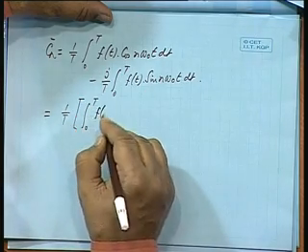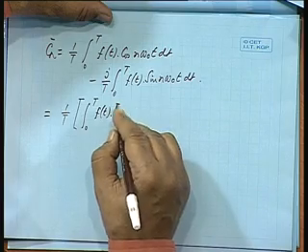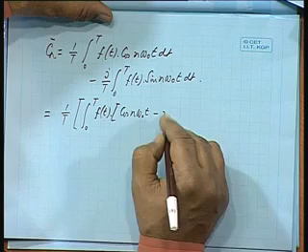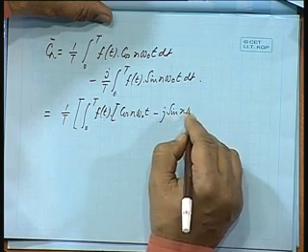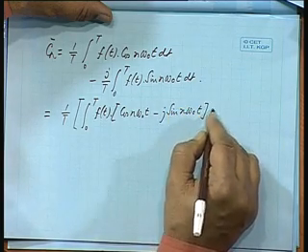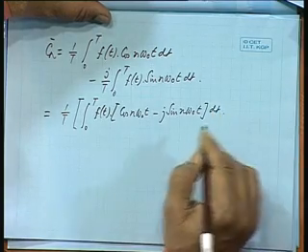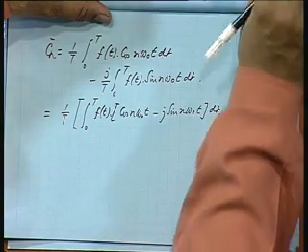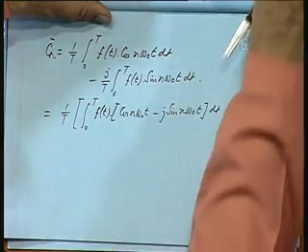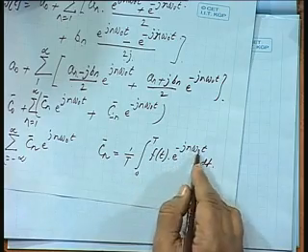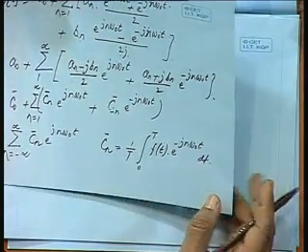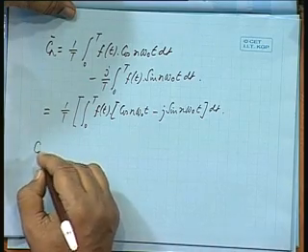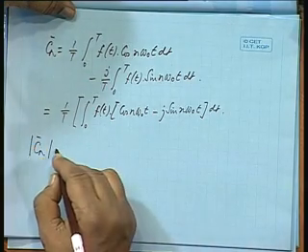Is it all right? So, that gives me 1 by T integral from 0 to T of f(t) times cos(n omega naught t) minus j sin(n omega naught t) dt. This is nothing but e to the power minus j n omega naught t. So, this is what we have written: f(t) into e to the power minus j n omega naught t dt.